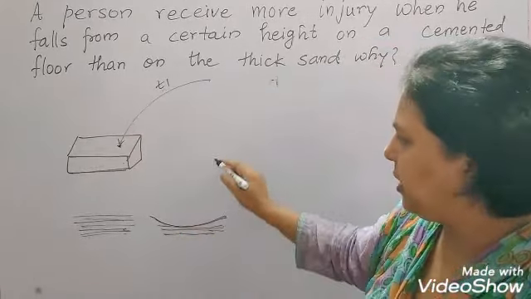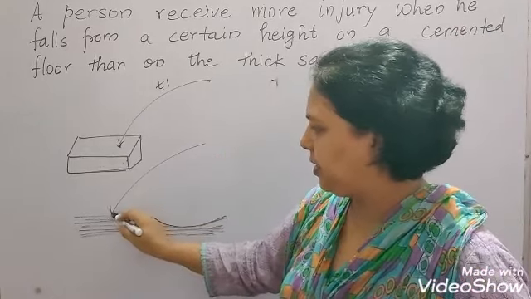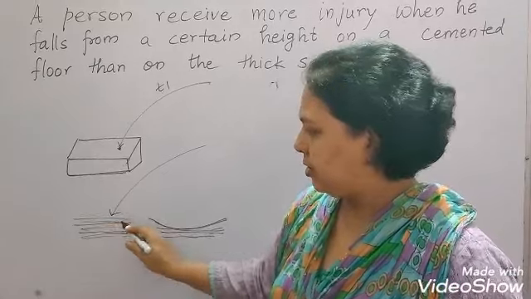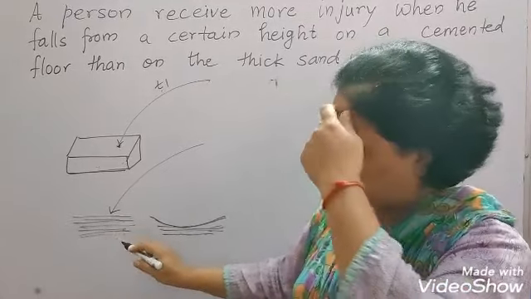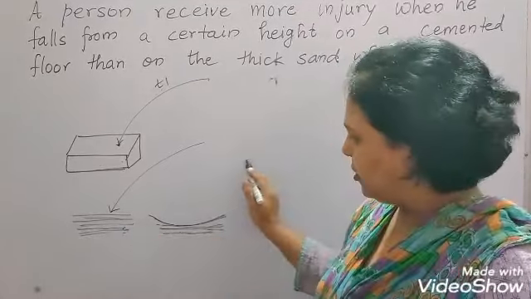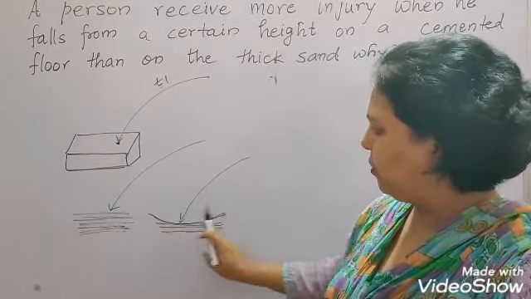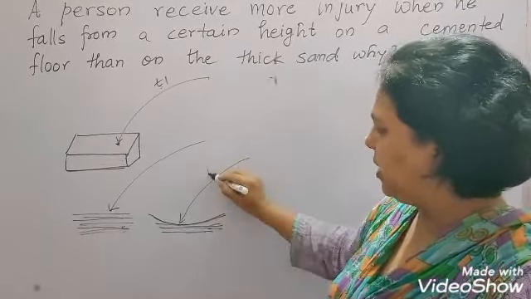But if the person with the same speed falls on thick sand, because it is compressible, it will take more time, it will compress like this. So you will find that the time taken is t2, and t2 will be longer than t1.